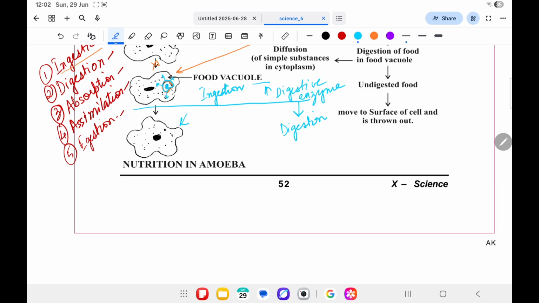When it gets absorbed in the cytoplasm, then the process of assimilation takes place. What is the process of assimilation?